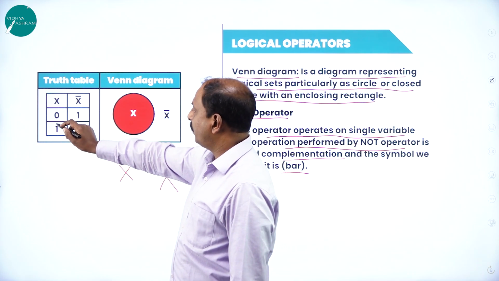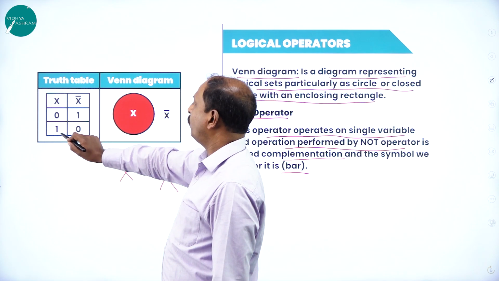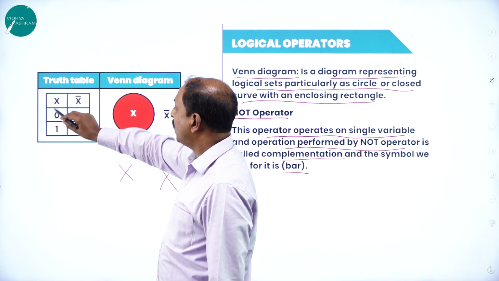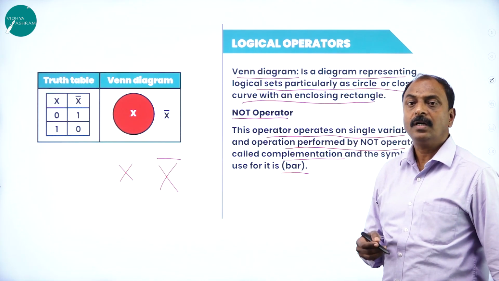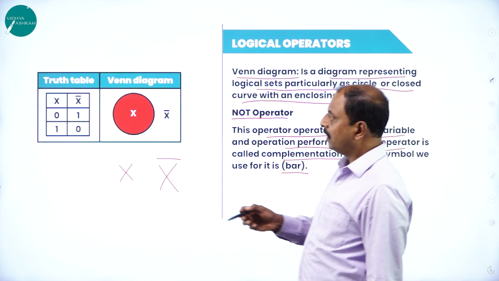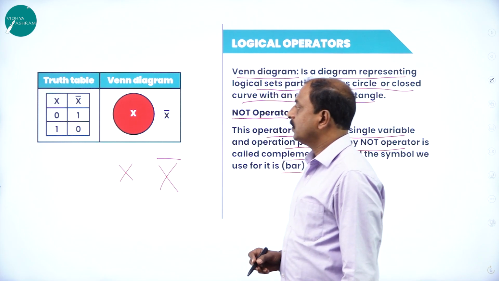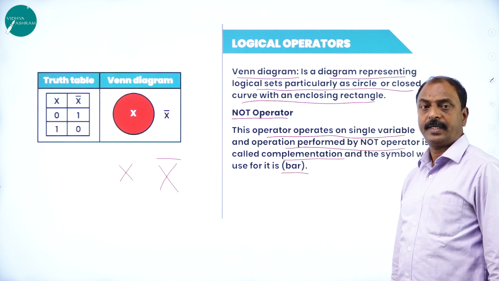If the input is 0, the output is 1. If the input is 1, the output is 0. This is how we represent the truth table for the NOT operation. Here there is only one variable, so there are two possible combinations. This is the truth table and Venn diagram for the NOT operator.